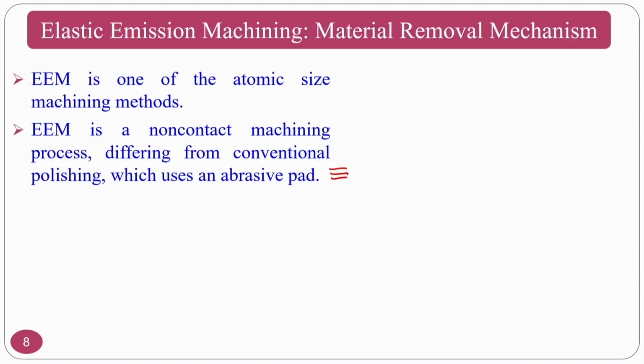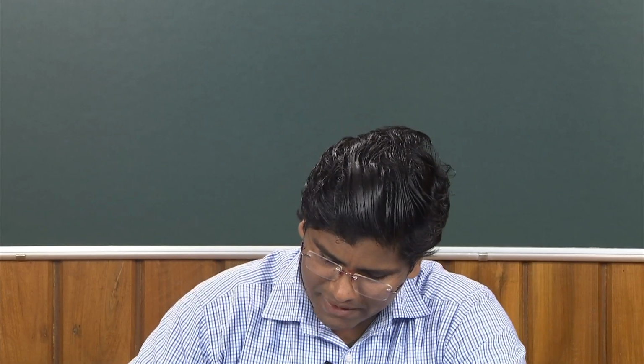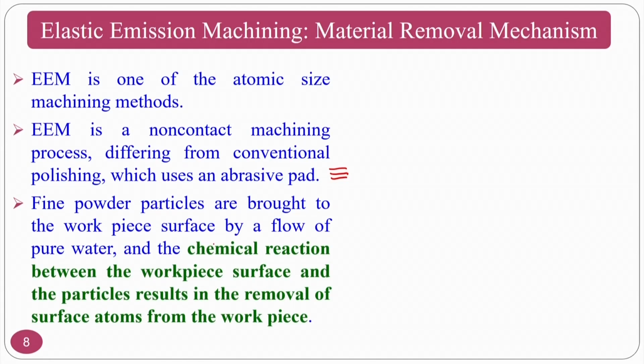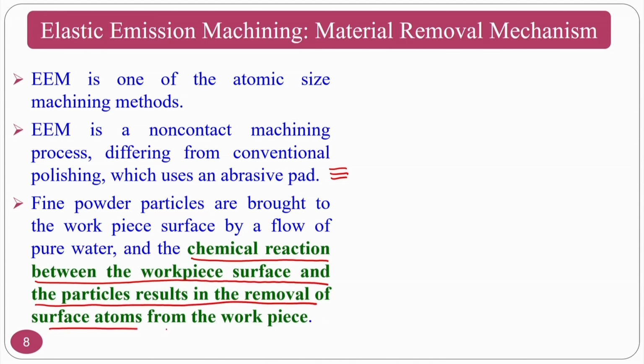We have seen in the grinding process and others that you will see straight lines. Here, fine powder particles are brought to the workpiece surface by the flow of pure water, and the chemical reaction between the workpiece surface and the particles results in the removal of surface atoms of the workpiece. This is how the mechanism of material removal takes place.